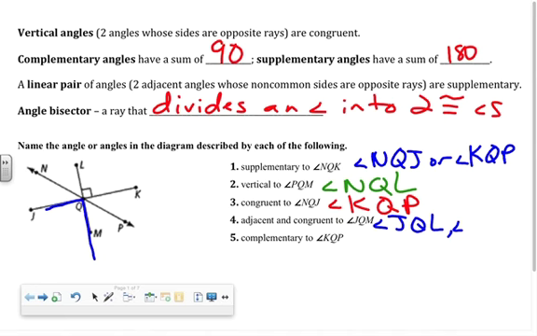Was LQK wrong? Yes, it is, because I had originally highlighted the wrong angle. I want an angle that is adjacent and congruent. JQL and MQK.